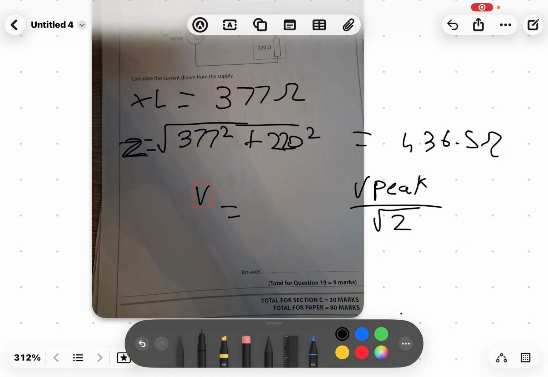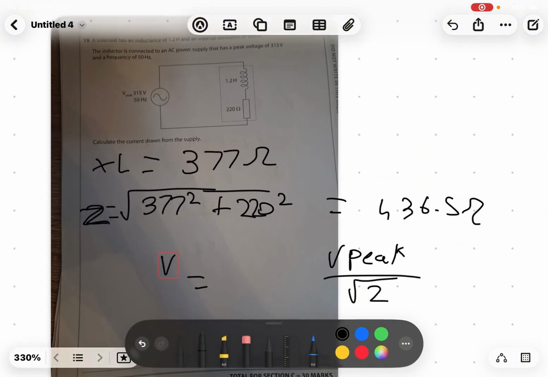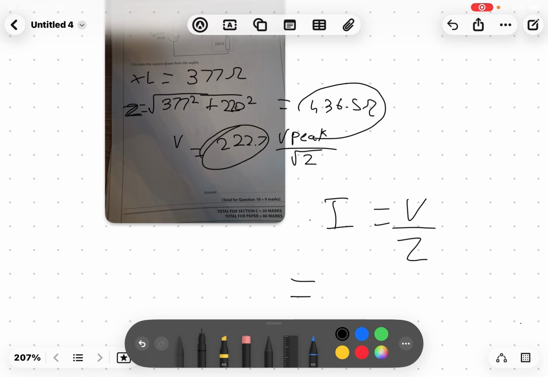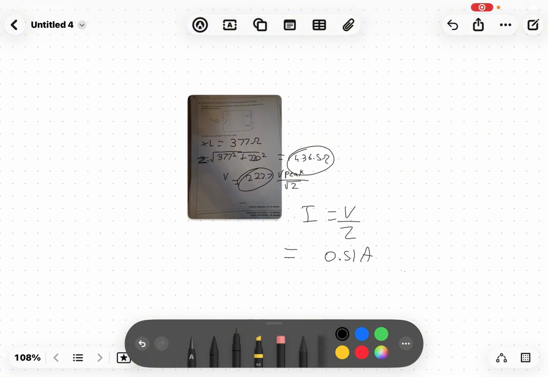So we do this divided by this, which gives us 222.7. After that, from the formula sheet, we know that I equals V divided by Z, the rearranged formula basically. So we divide this by this. The answer is 0.5 amps. Oof, yep. Thank you very much.